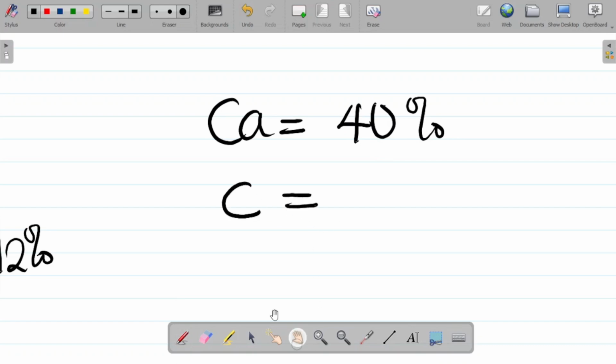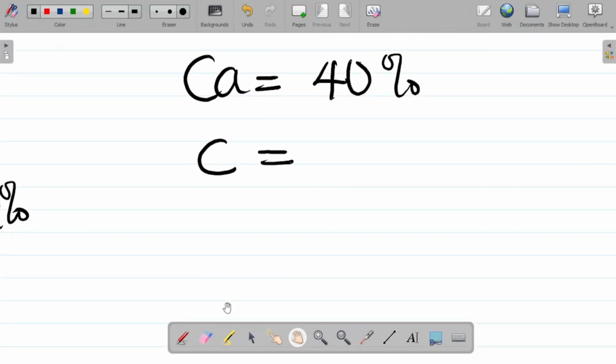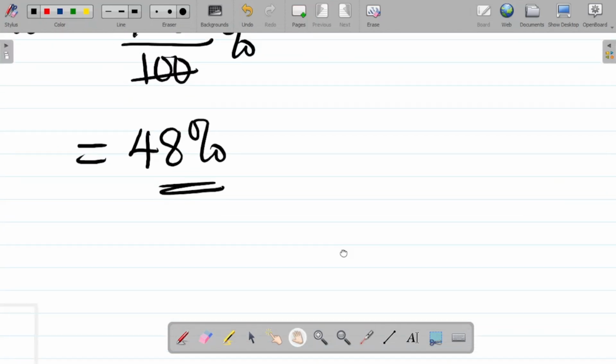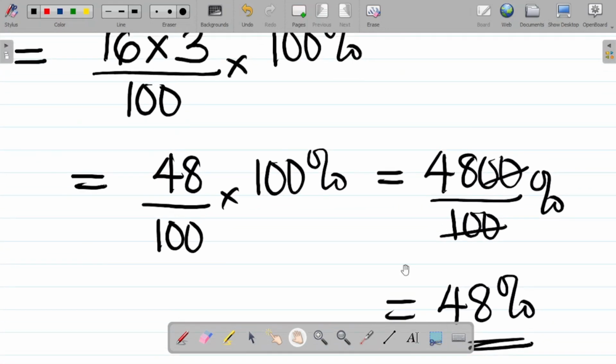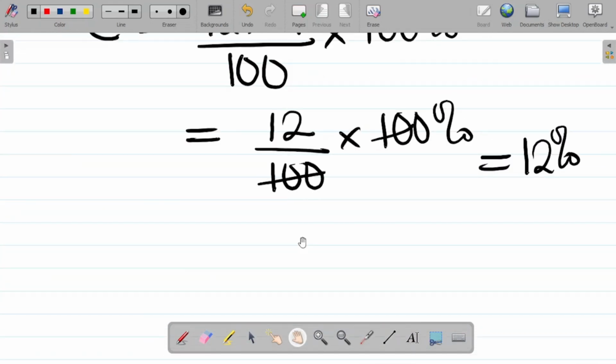For carbon, we said carbon contains about 12%. So I have 12% here. And then finally for oxygen, we said oxygen is making up about 48%.